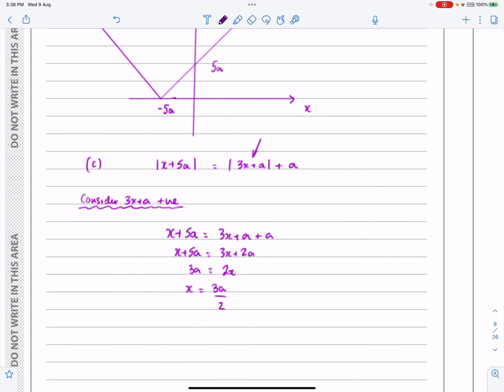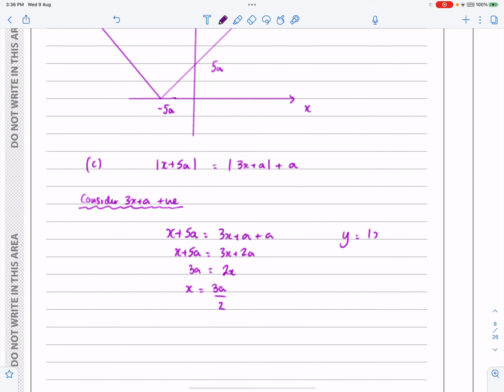And if x equals 3a over 2, what's the y value going to be? Either put it in there or put it in there. It makes most sense to put it into the simpler one, which is modulus of x plus 5a.